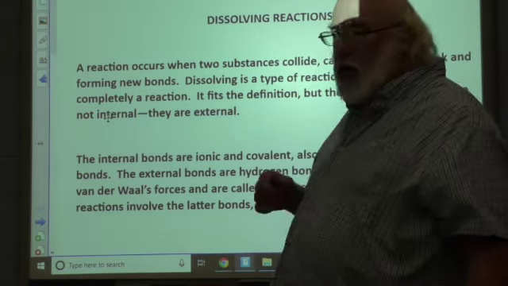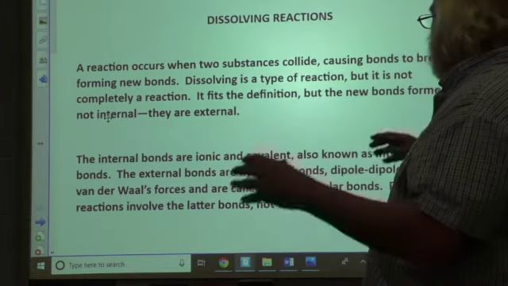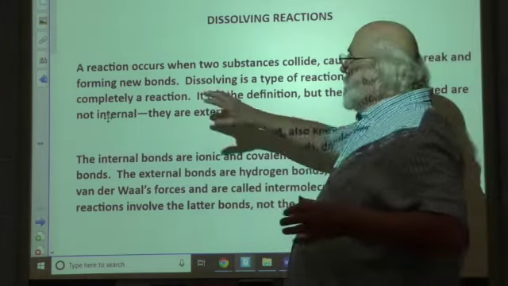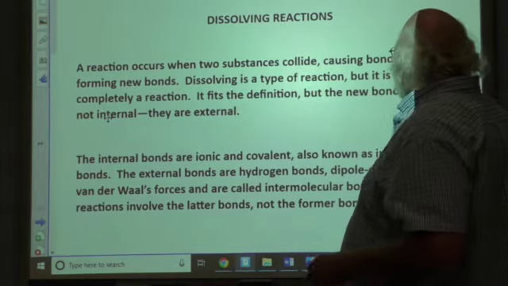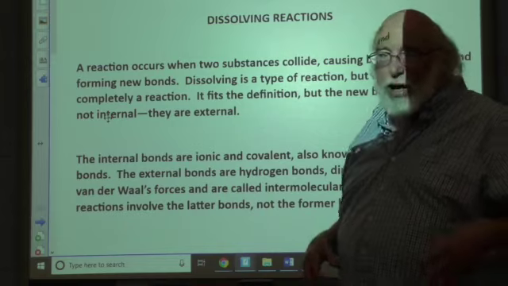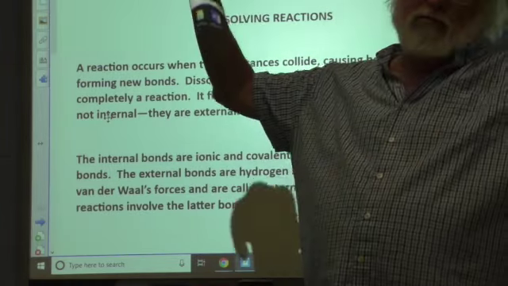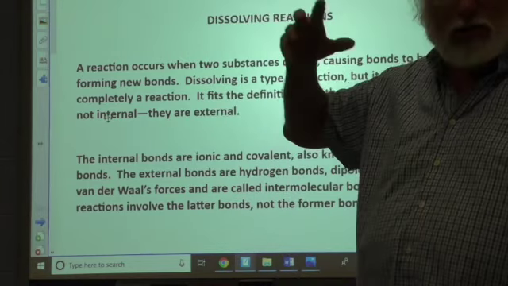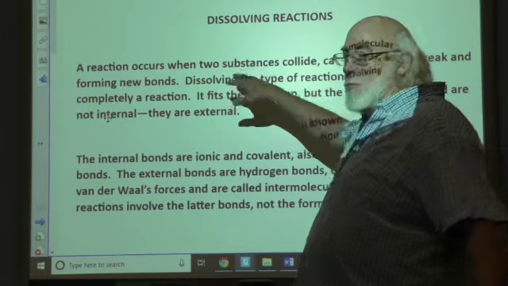But the one thing you have to have take place in order for a reaction to occur is a collision. A reaction occurs when two substances collide, causing bonds to break and forming new bonds. So it's like, and then all these particles come flying off if it's hitting strong enough. Dissolving is a type of that reaction.